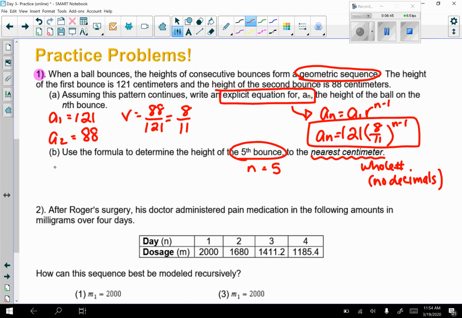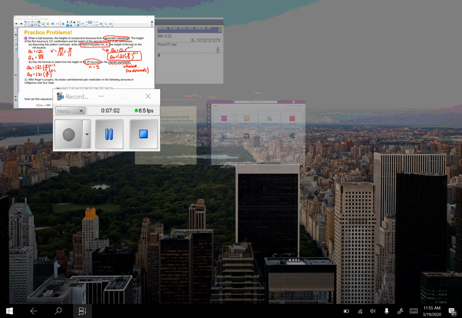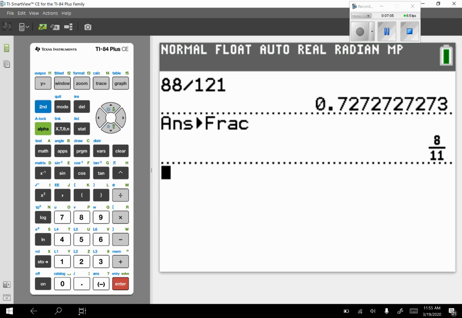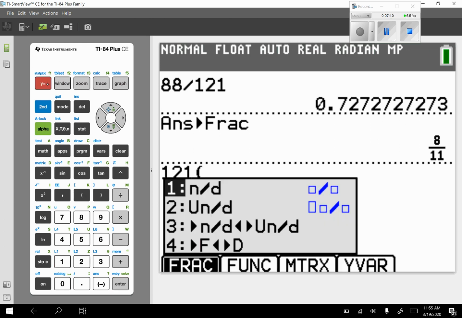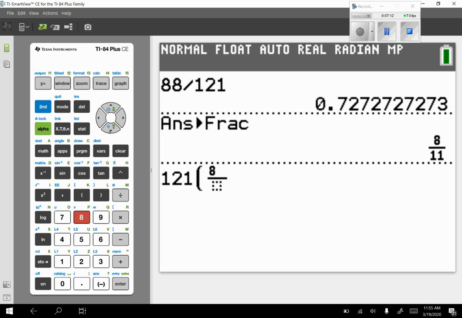So I'm going to copy down my formula from part A, and then I'm going to plug in 5. And then I'm going to go to my calculator. 121 alpha y equals, to get my fraction, 8 over 11 to the exponent of 5 minus 1.